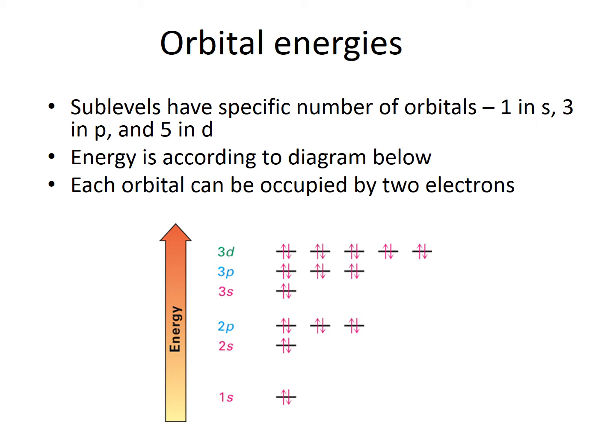Orbital energies, these are the major orbital locations, energy locations for electrons for the first three periods. And you can see that we have 1s, 2s, 2p, 3s, 3p, 3d.